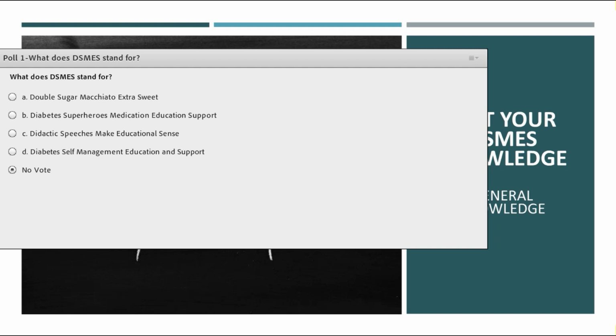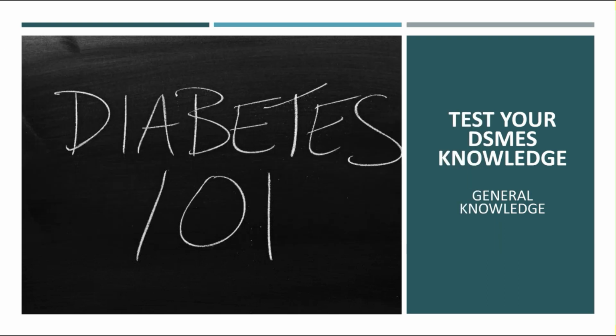And I see some people are using the chat box, which is good. Okay, so let's go ahead and broadcast the results. I think we got all the answers. Okay, so the answer was D, diabetes self-management, education, and support. So I think you have the hang of how to do the quiz questions.